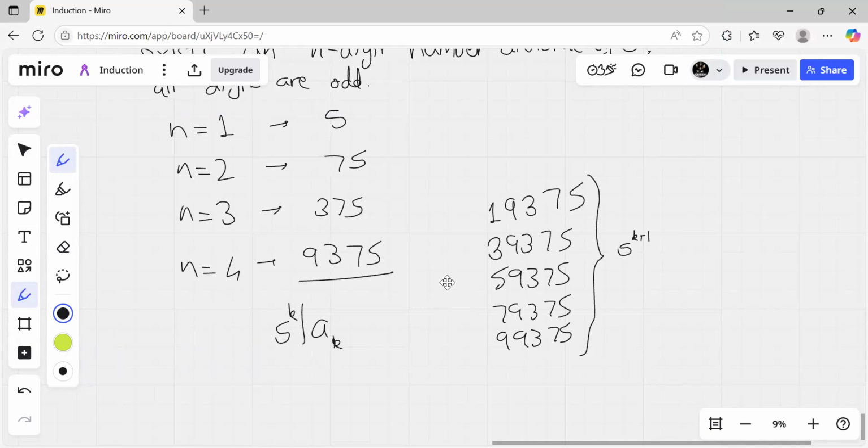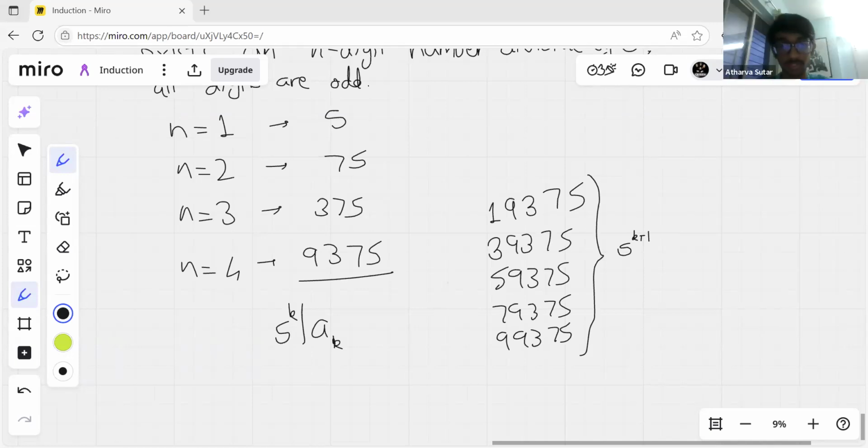Yeah, I think even two of them might be multiples, but no. Okay, only one will be, exactly one will be. Do you guys see why this is going to hold? They are all clearly divisible by 5 to the k.